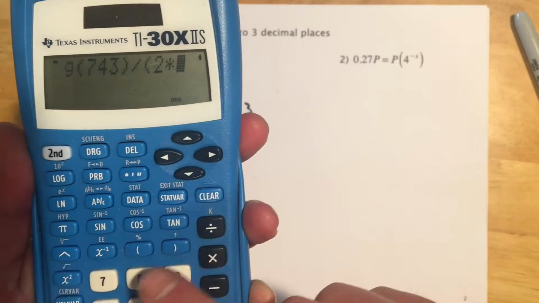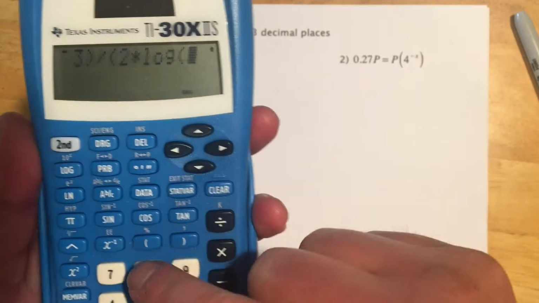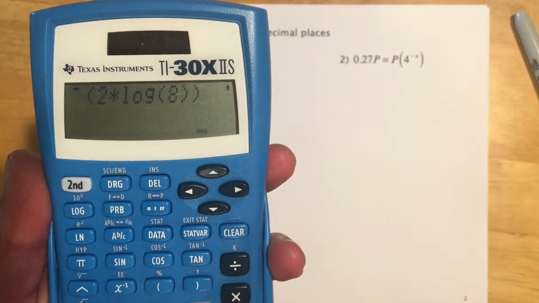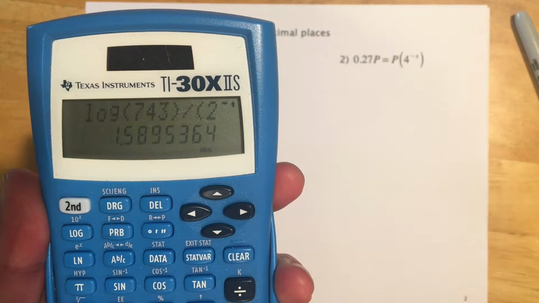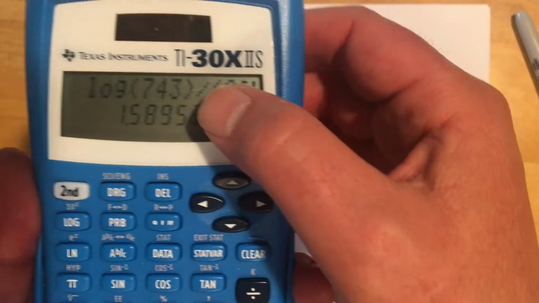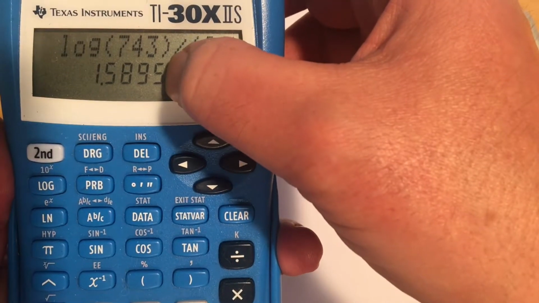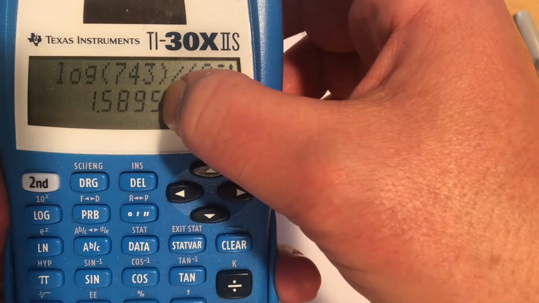So 2 and then times log 8. And then I'm closing the first parenthesis on the log and the second parenthesis on the denominator, and then hit enter. And then we're rounding to 3 decimals, so we're going to be looking in the 4th place, and that's going to round up the place next to it.